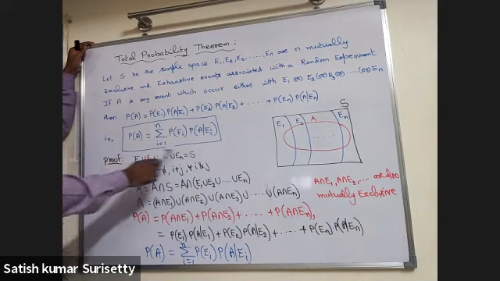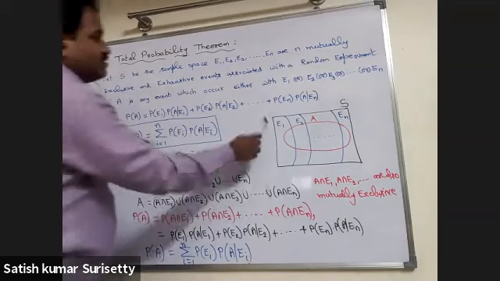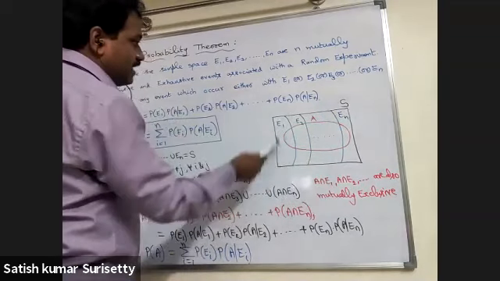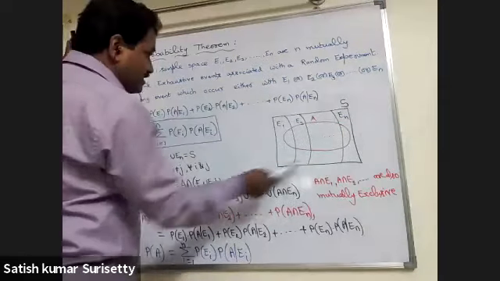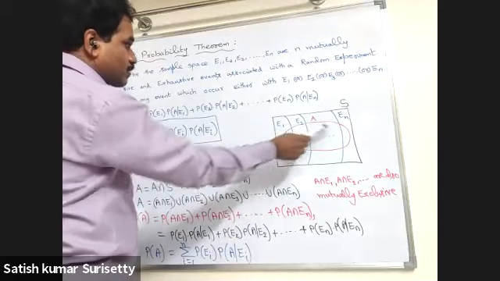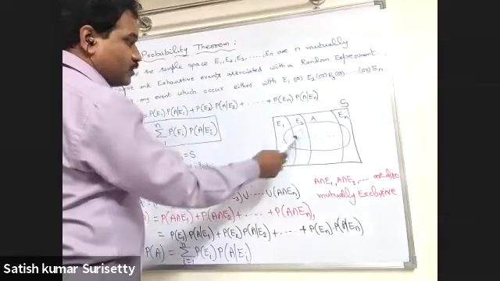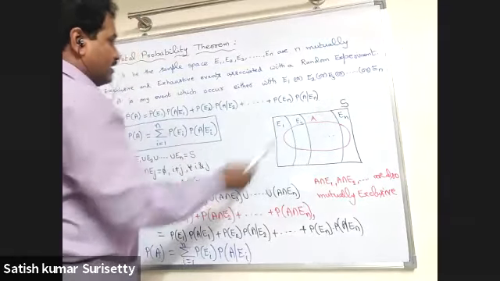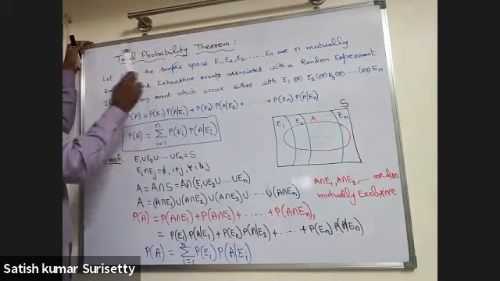Now, how to derive this is, because S is a sample space, I can take S as a sample space and E1, E2, E3 and so on En. I can divide the entire region into n parts such that the sum of all the parts becomes the entire sample space, and the intersection of any two or any three and so on must be a null set because they are mutually exclusive and exhaustive.